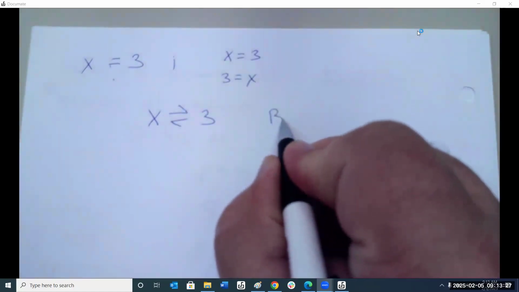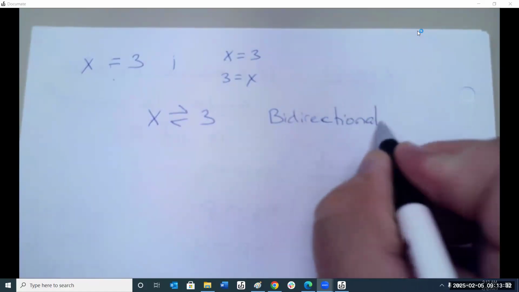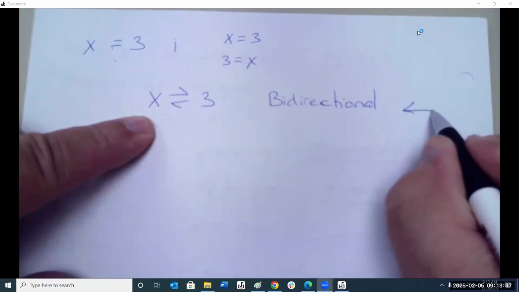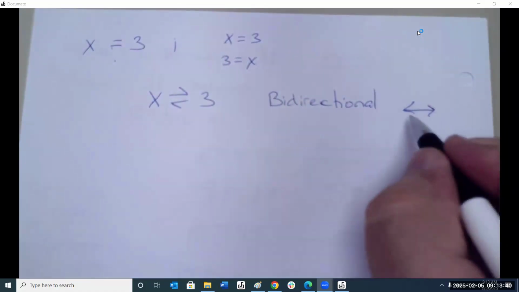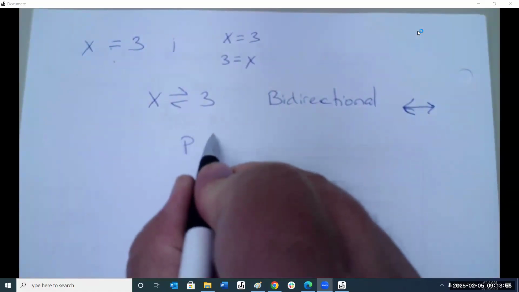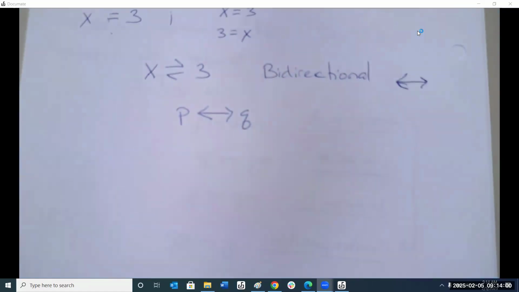We call this bidirectional. And instead of doing that, we use that symbol. So we can say that's just a solid way of saying that P and Q are the same thing.